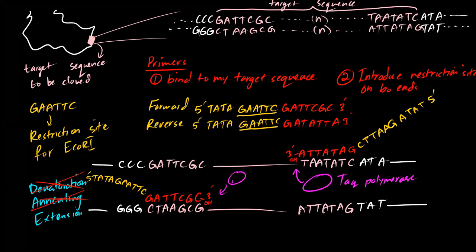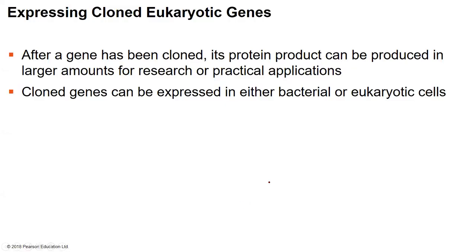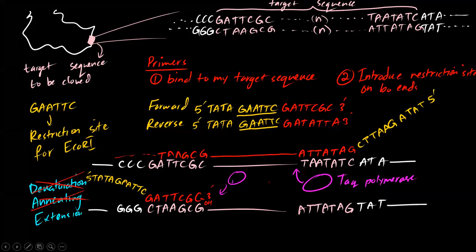And what happens is that the polymerase will start extending the two strands like this. So let me just use color, and then here we have a G, a C, a G, an A, a T, and it will continue. Okay. Same thing here.